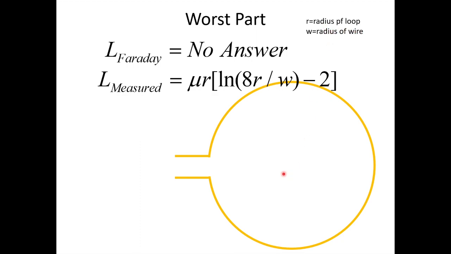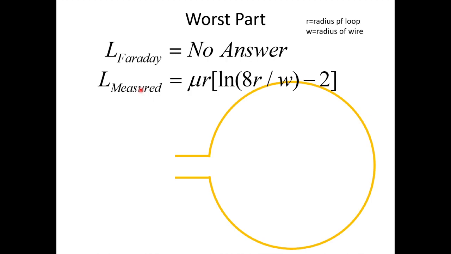So you get the radius of the loop, which is measured from the center out, and the radius of the wire is basically the thickness of the wire. This gives you dead-on accurate inductance for a loop of round wire.